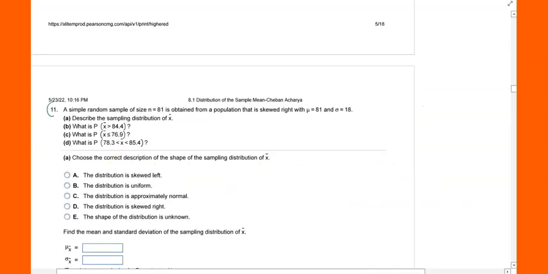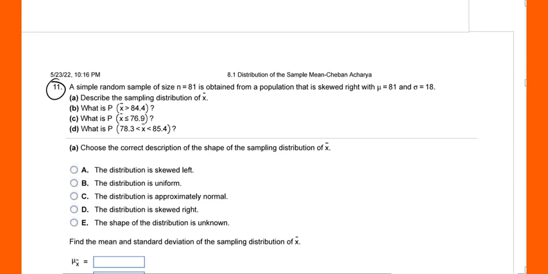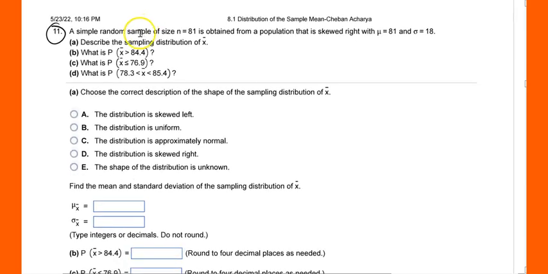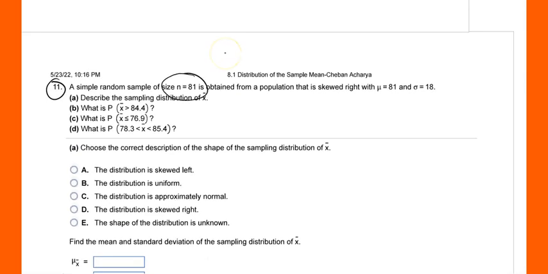Question number 11. A simple random sample of size 81. Remember that the sample size is 81. It is obtained from a population that is skewed right. Here the population distribution doesn't matter because the sample size is greater than 30, which is 81.